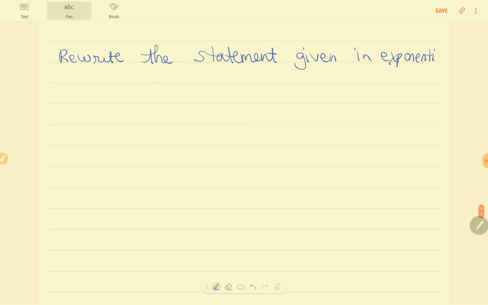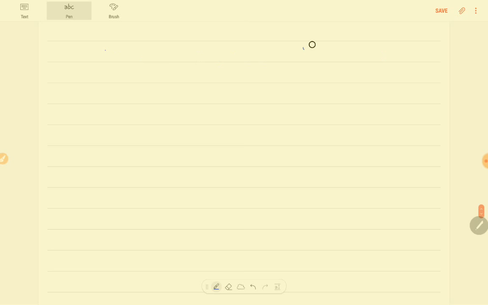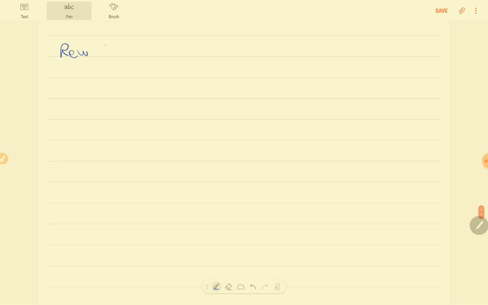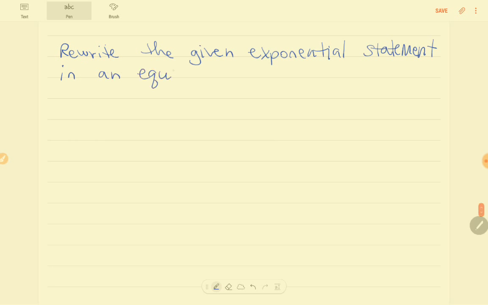Well, how about I write it like this: rewrite the given exponential statement in an equivalent logarithmic form.